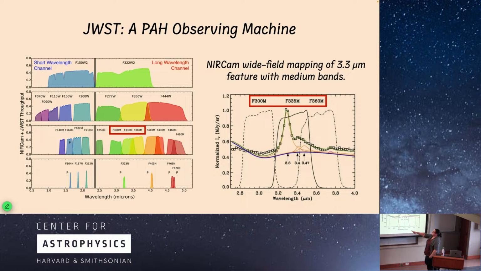So for NIRCam, this combination of 3 medium bands around 3.3 microns sits right on top of the 3.3 PAH feature and gives you these kind of flanking filters that let you subtract starlight and other things from your map. So this is very handy, extremely useful for mapping the 3.3 feature.